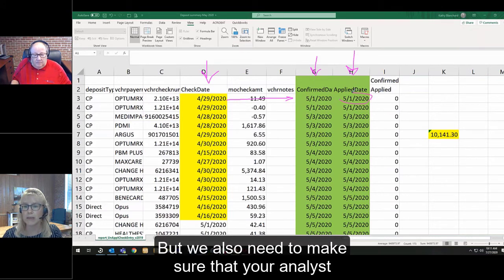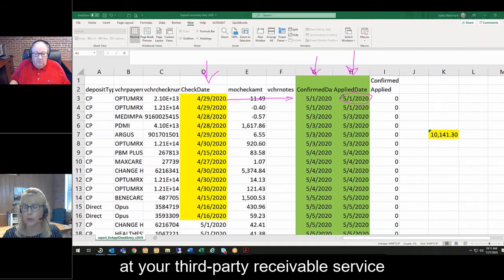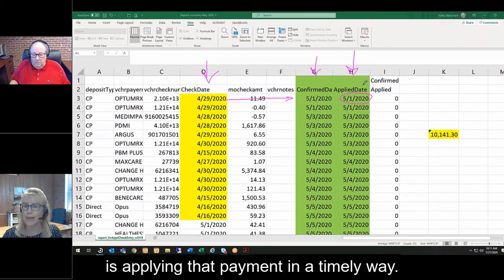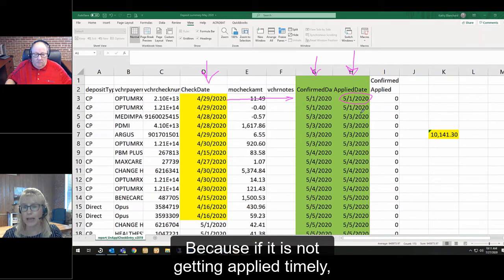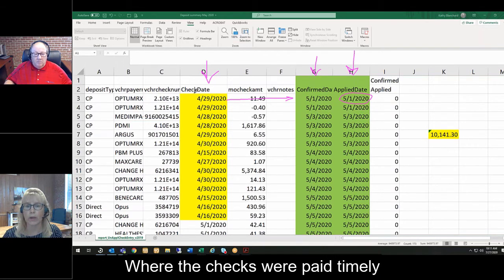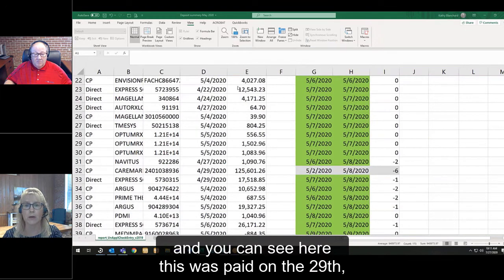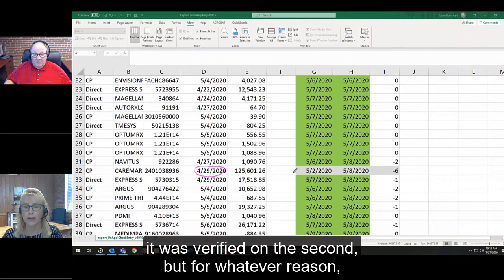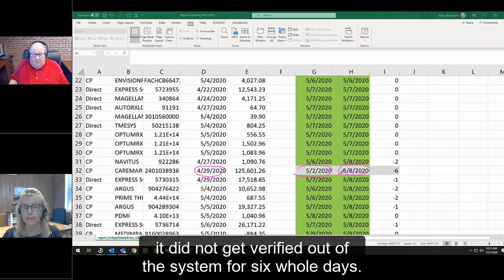But we also need to make sure that your analyst at your third-party receivable service is applying that payment in a timely way. Because if it's not getting applied timely, you can have a situation like this one where the checks were paid timely, and you can see here this was paid on the 29th. It was verified on the 2nd, but for whatever reason, it didn't get applied out of the system for 6 whole days.